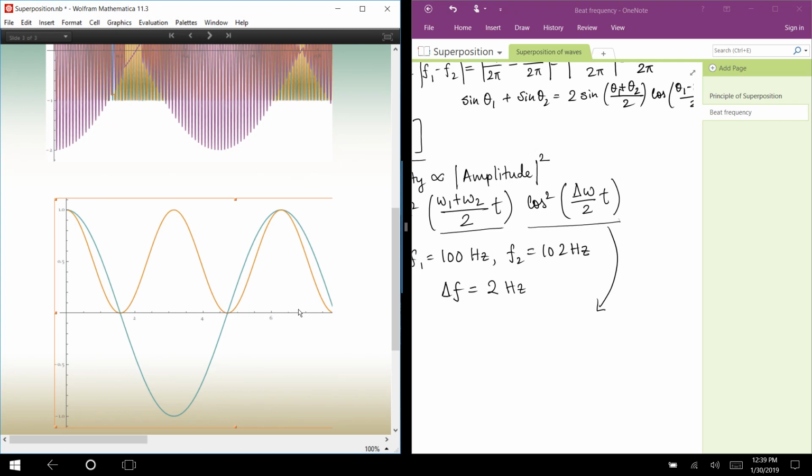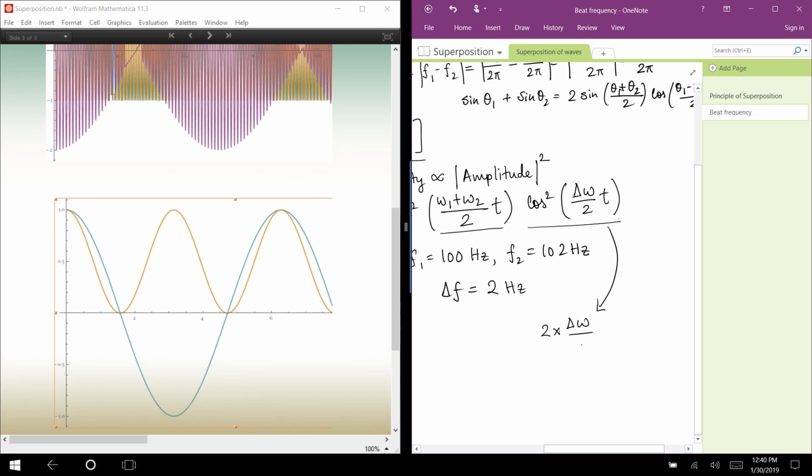You can notice that when the cosine is 0, cosine squared is 0. When the cosine is 1, the cosine squared is 1. But when the cosine is negative 1, the cosine squared is still 1, right? So clearly these oscillations are happening faster. How fast? 2 times as fast as the original curve. So really, the frequency of this cosine squared curve is 2 times delta omega over 2.